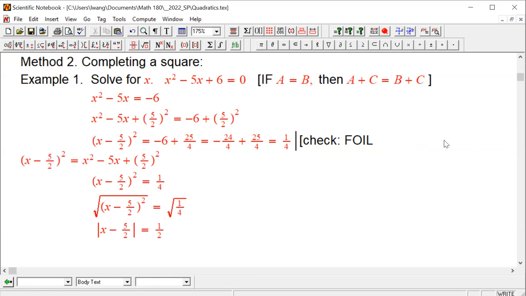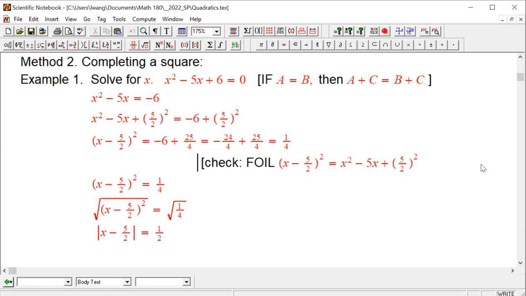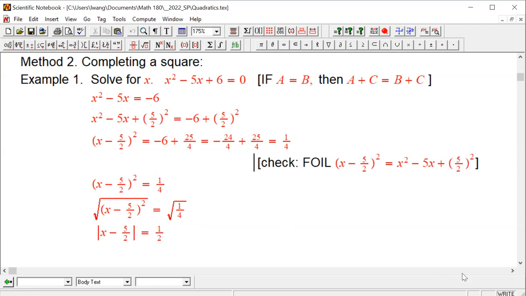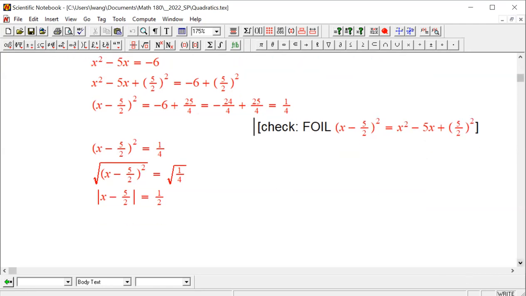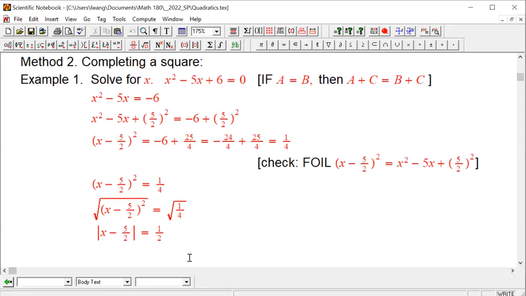So you can check your work anytime you want. That's just something you would probably put down on the scratch paper. Don't mix it up with your formal work. I'm going to give you a version of formal work, so remove all of these things.